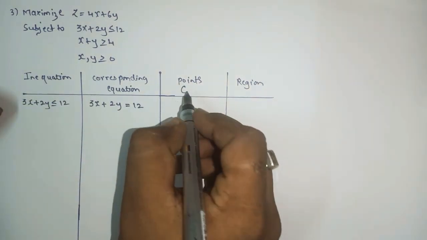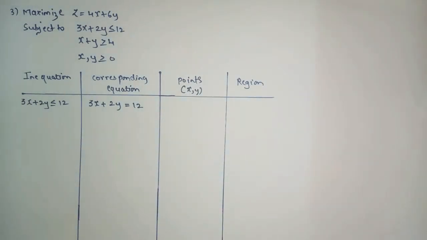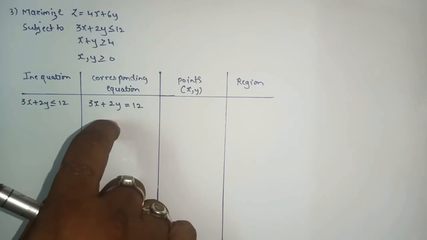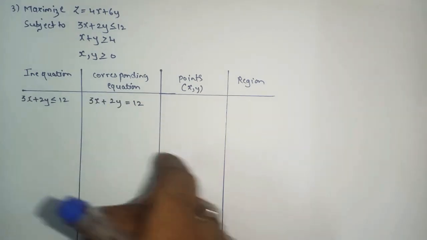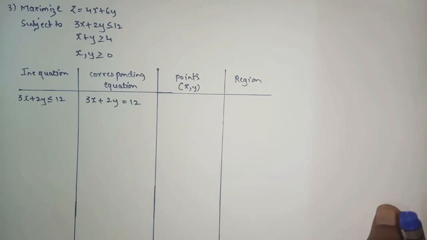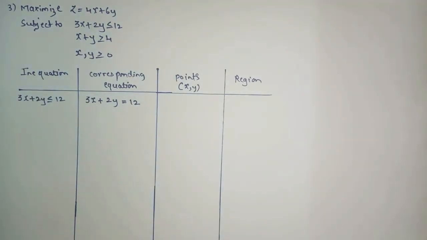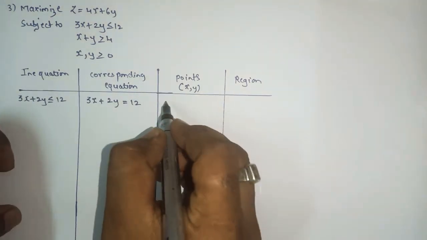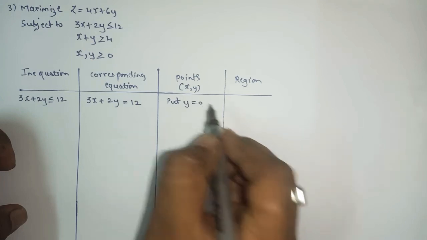After that we have to find the point. As I told in the previous lecture, when we have to find the point, there are two different ways. The first one is to convert this corresponding equation into double intercept form, where you will get the value of x and y, or else simply in the first case you will put y equal to 0.